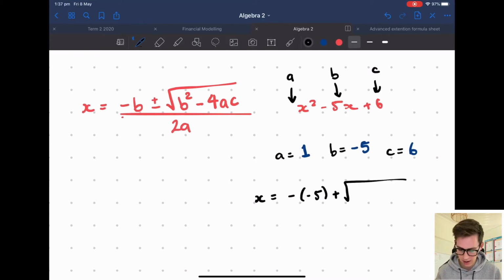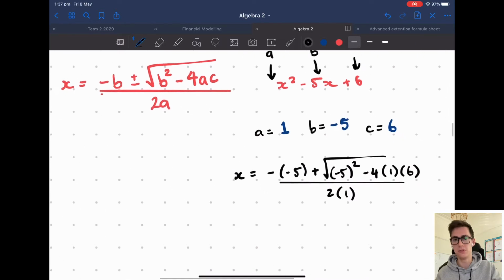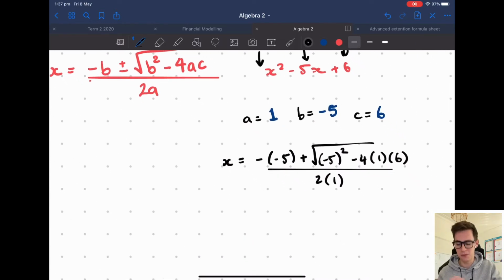Square root. Now I've got a b squared, again, picture the b, that is going to be your brackets with that b value, minus 4 times 1 times 6, all over 2 times 1. Yes, the brackets make it much more confusing to look at and a bit of a pain to write, but it means your calculator won't get confused and you'll definitely get the right answer.